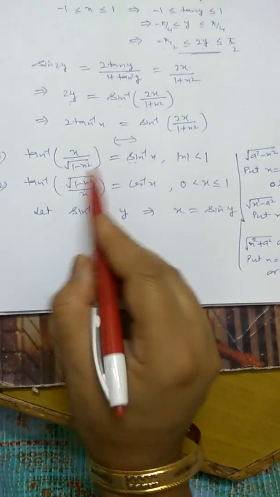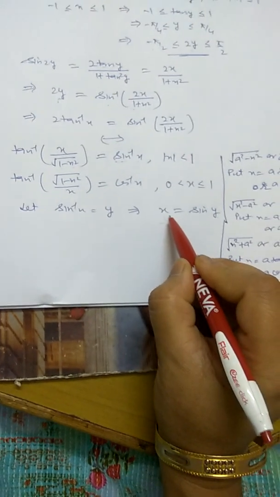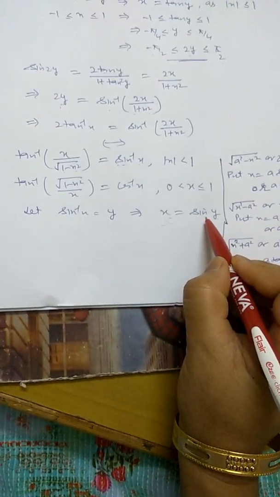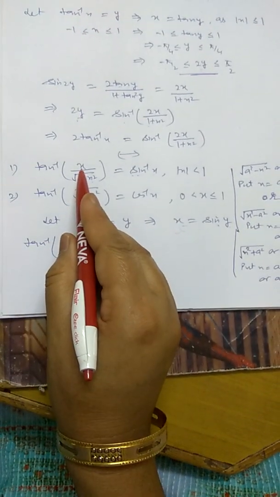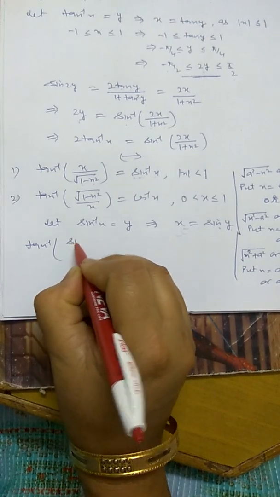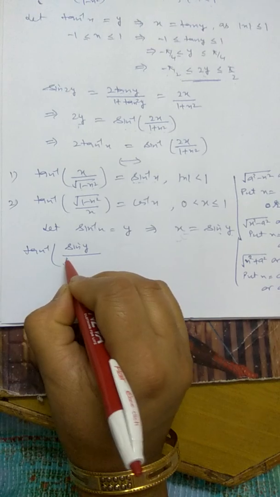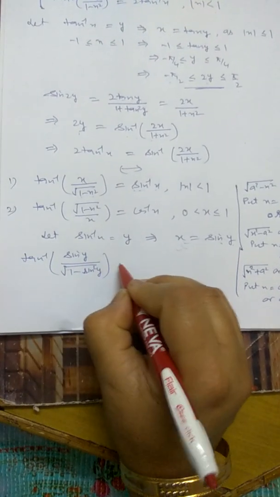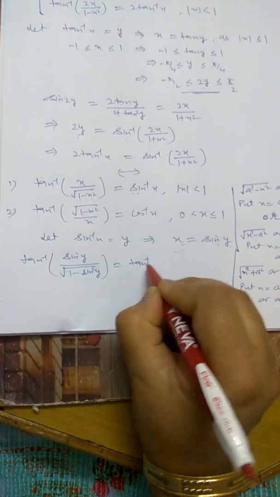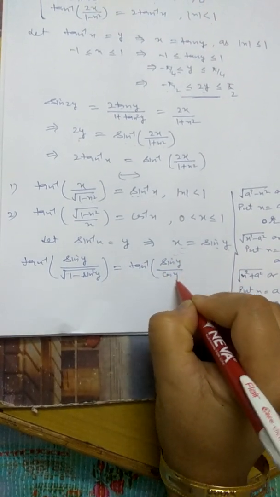And now here we have 1 minus x square. Therefore, we have to substitute x is equal to sin y. And now substitute here: tangent inverse of x upon root of (1 minus x square) becomes tangent inverse of sin y upon root of (1 minus sin square y).